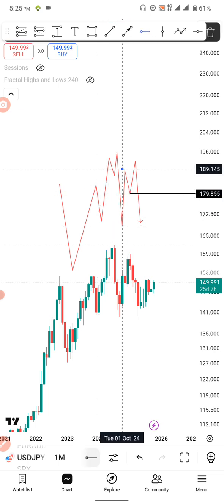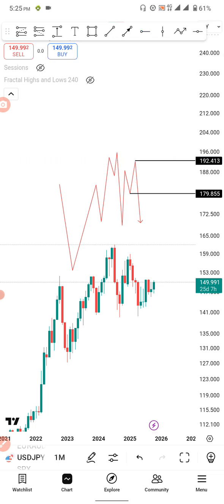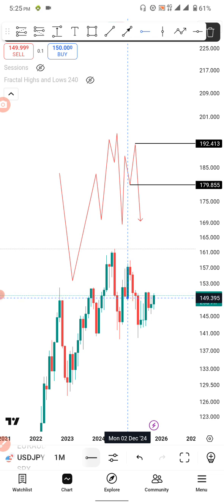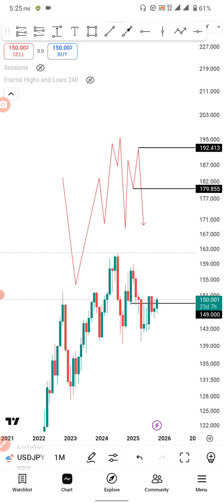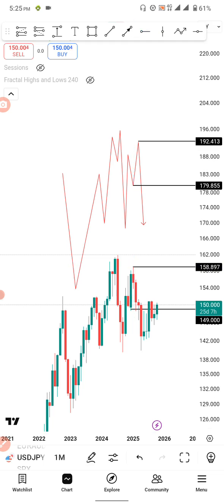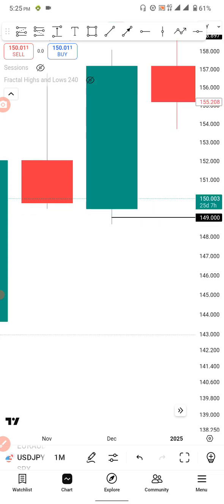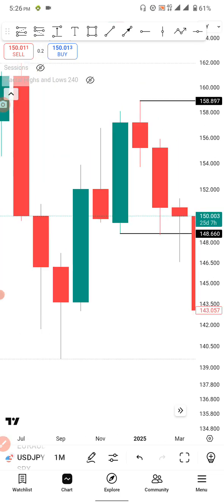Let me label it. It has to be on the candle wicks, on proper candle wicks. There, exactly there, and on top.